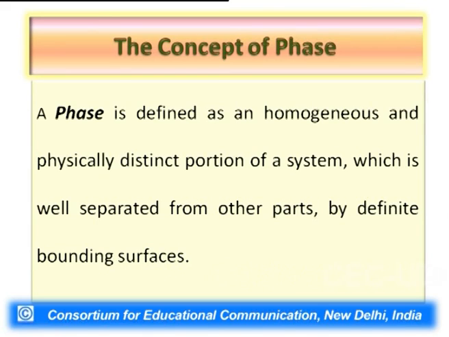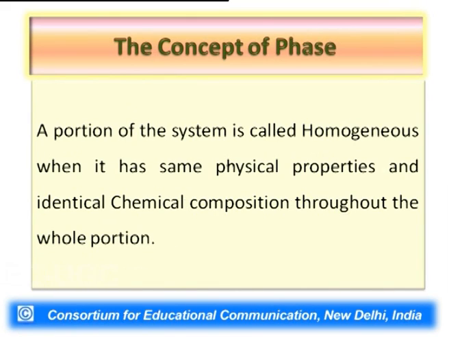If we need to understand this definition, we need to look at what is basically a homogeneous portion. A portion of the system is called homogeneous when it has the same physical properties and also identical chemical composition throughout the whole portion.